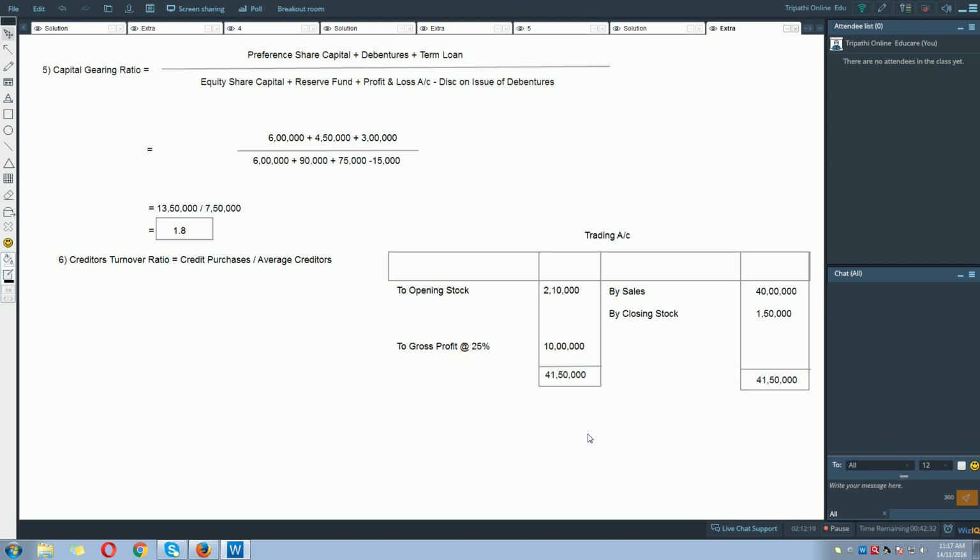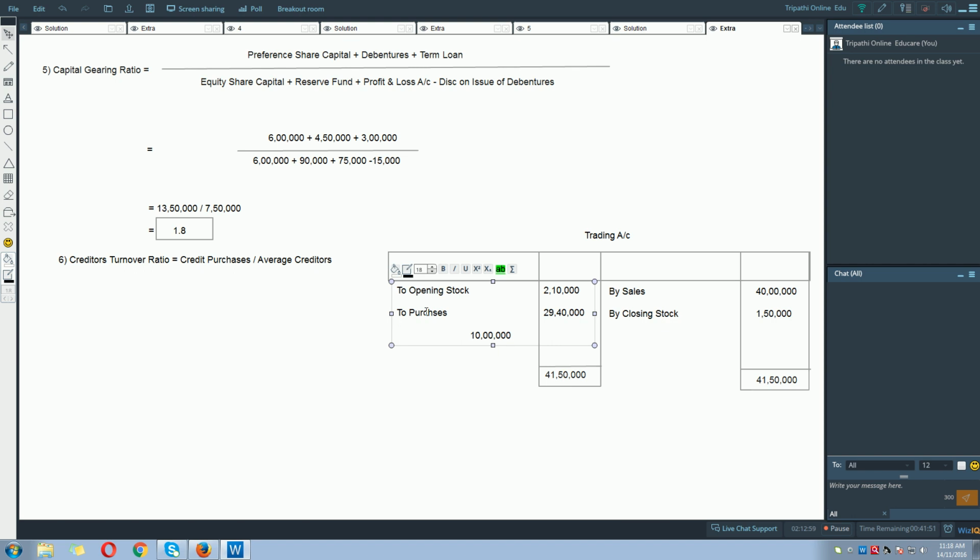I will name this as trading account. Credit side, I am going to record the information given in the question. So by sales 40 lakhs, by closing stock 1,50,000, and debit side, let us record the information which is given in the question.